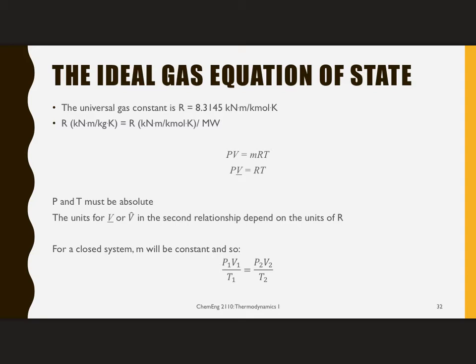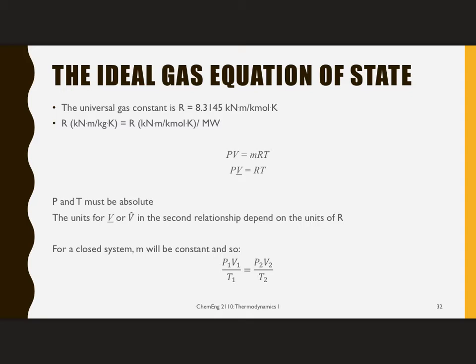I enjoy working with mass units sometimes. Take your universal gas constant and divide by the molecular weight of the substance, and that gets you a value for R that is unique for that compound because it's dependent on the molecular weight.